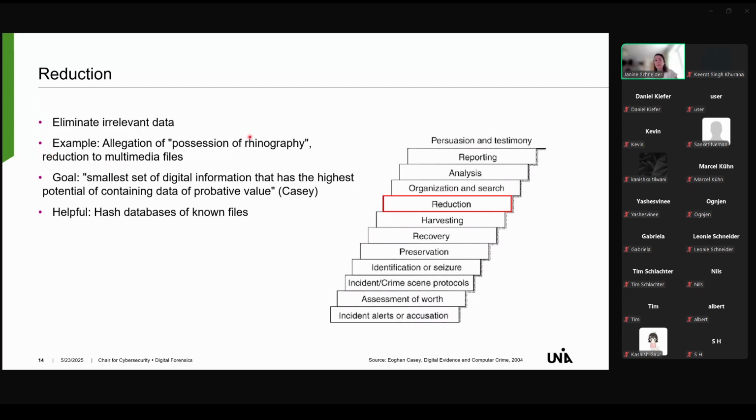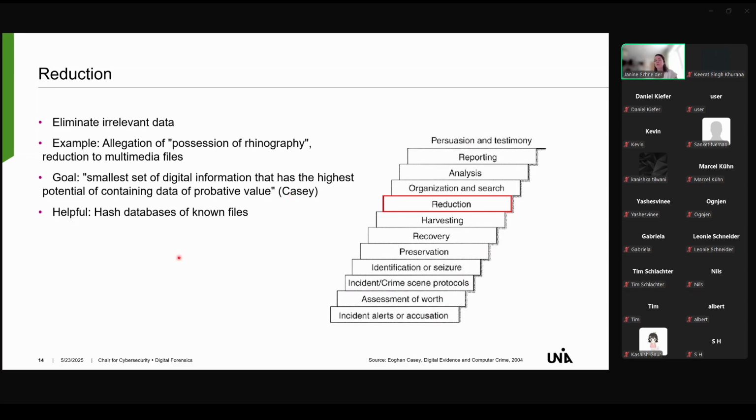But this is something that the police or the prosecution tells the forensic expert to do. This is not something that you just do because you think, okay, we don't need all the other stuff. This is something that forensic experts are told to do. Okay, and the goal is to have the smallest set of digital information that has the highest potential of containing data of probative value.